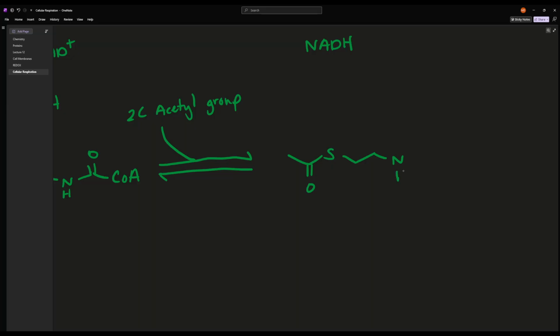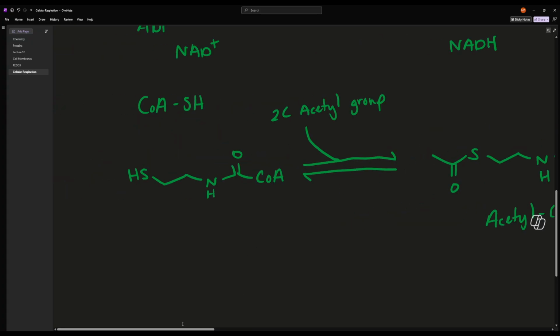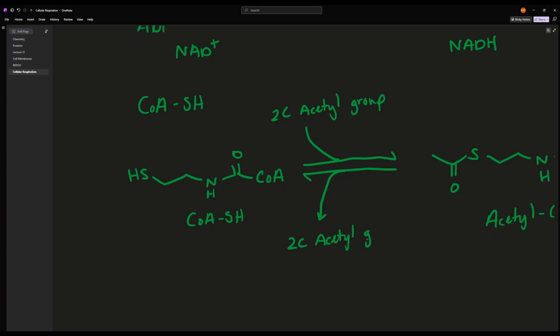And it will once again be attached to the rest of the coenzyme A molecule. So this here is acetyl-CoA. This here is coenzyme A. To go backwards, from acetyl-CoA to coenzyme A, we need to remove that 2C acetyl group. So what you need to know is coenzyme A is a common 2-carbon carrier. All right, these are all our players.